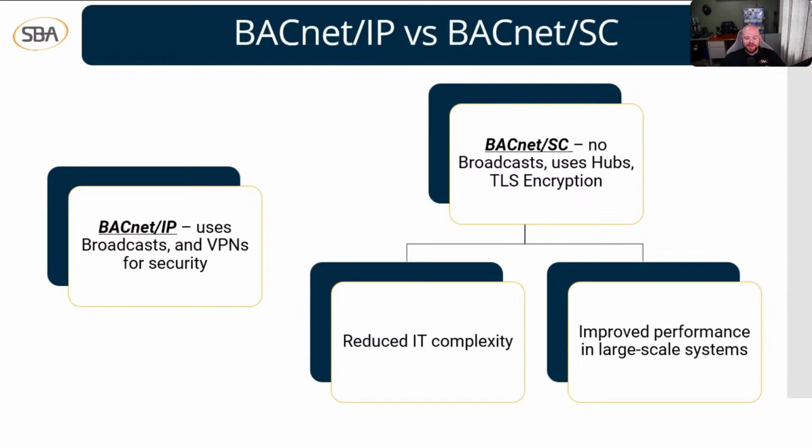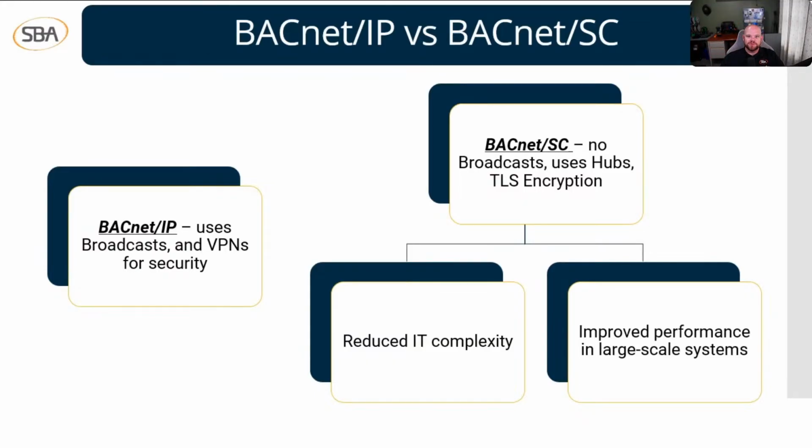But there's a great thing happening that will help us, and that thing is called BACnet Secure Connect. So here we see BACnet Secure Connect does not use broadcasts, okay? It uses these things called hubs, which we'll go into in just one second. But think of it as kind of like a virtual switch, pretty much.